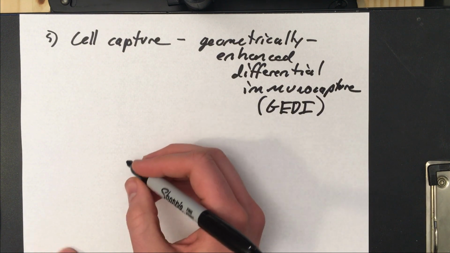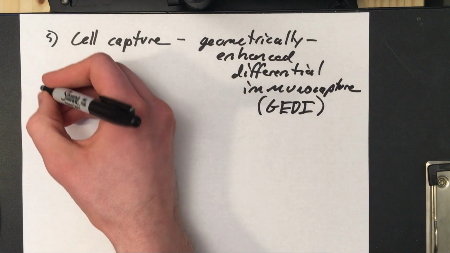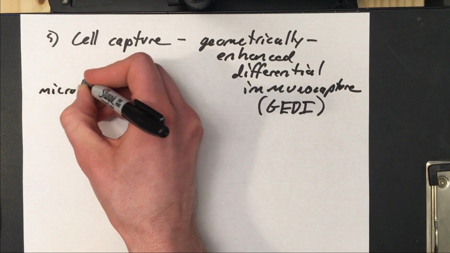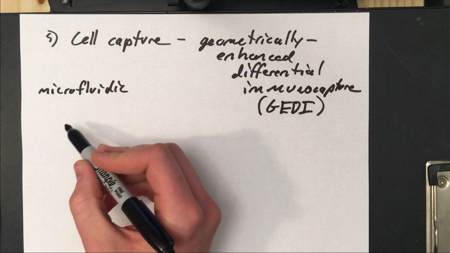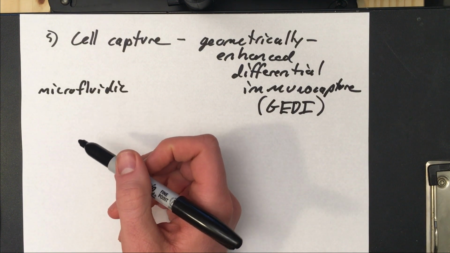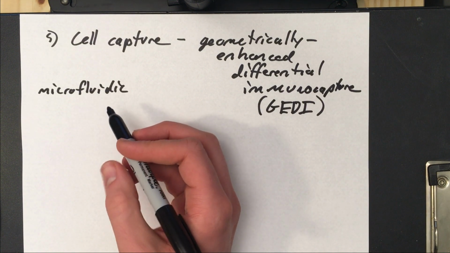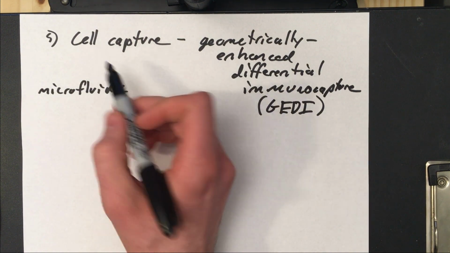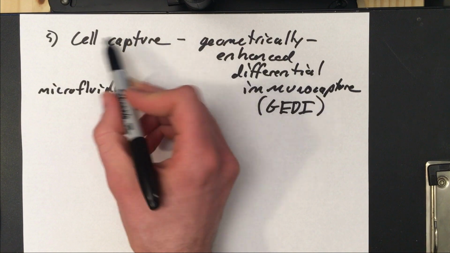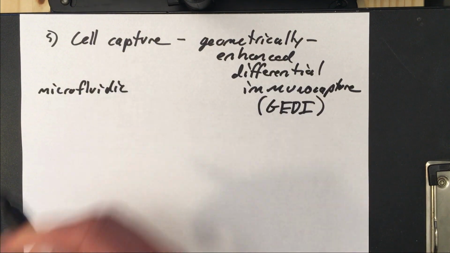So how does this geometrically enhanced differential immunocapture work, and how is it related to tethering molecules to the surface? So picture, this is a microfluidic device where we would pump through just 1 milliliter of patient blood. We developed this device to try to capture particular cells. So first, let's talk about the cells we want to capture, and then we'll talk about the device.